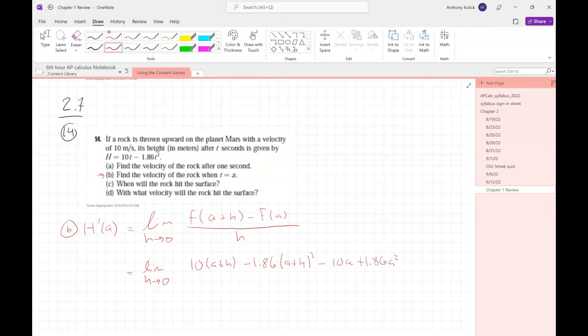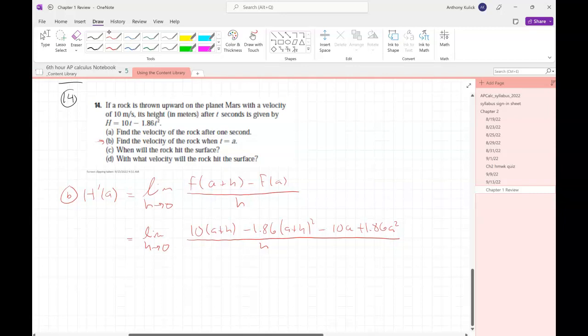Except that should be a plus. Everybody good here? I'm going to distribute in FOIL now. It's going to be 10a plus 10h minus 1.86a squared.